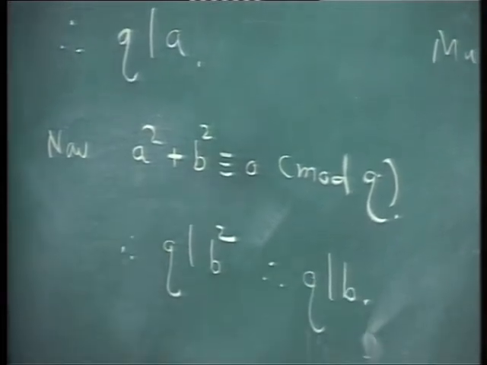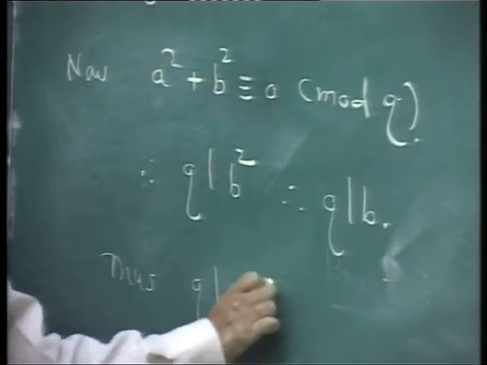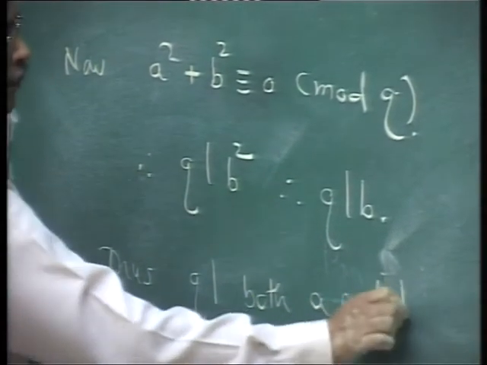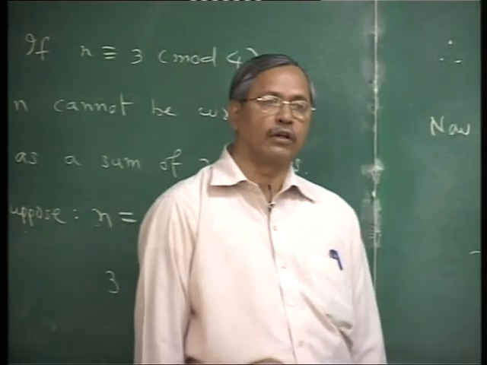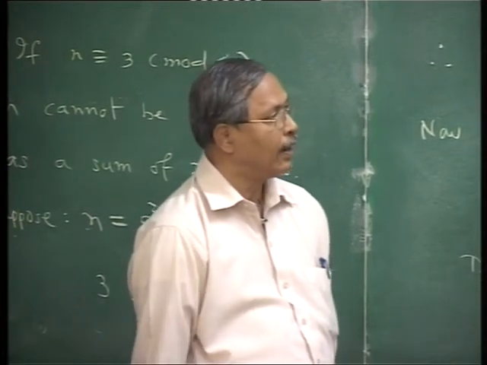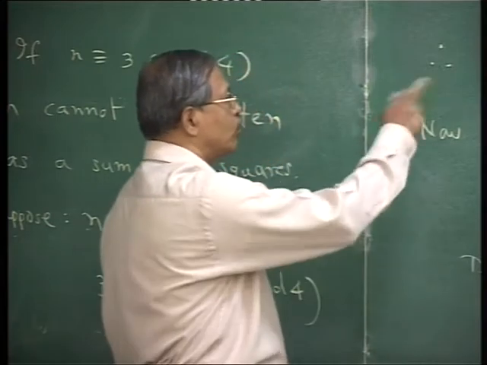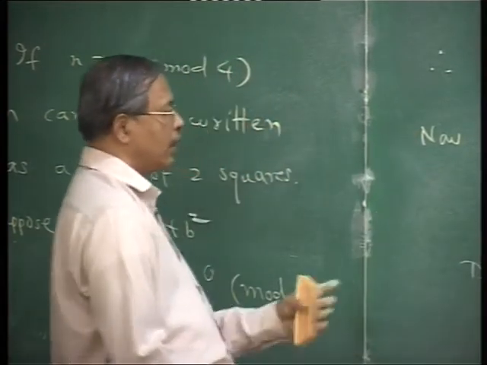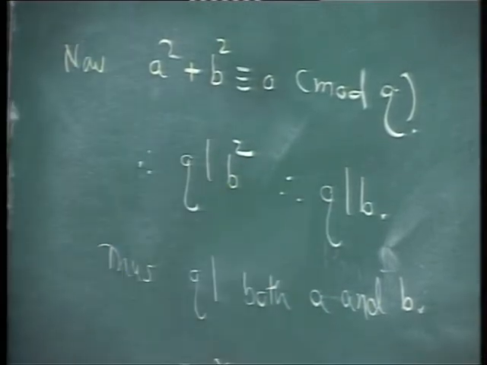So, q divides both a and b. That proves the lemma. In the lemma we started with: suppose q does not divide one of them, let us say a, then you get a contradiction, therefore q has to divide a, therefore q divides b also, and that is the lemma, and this we shall use in the result of Fermat.